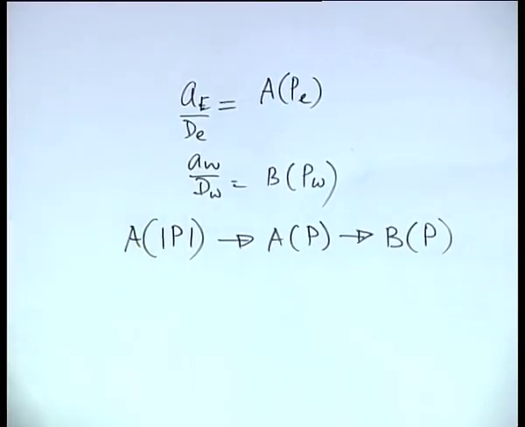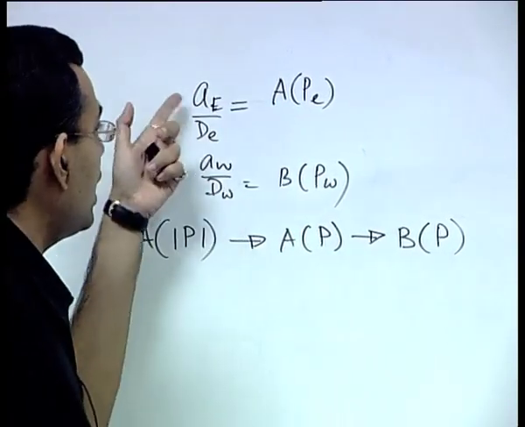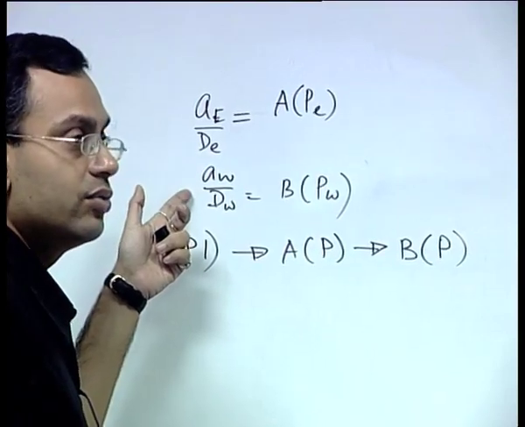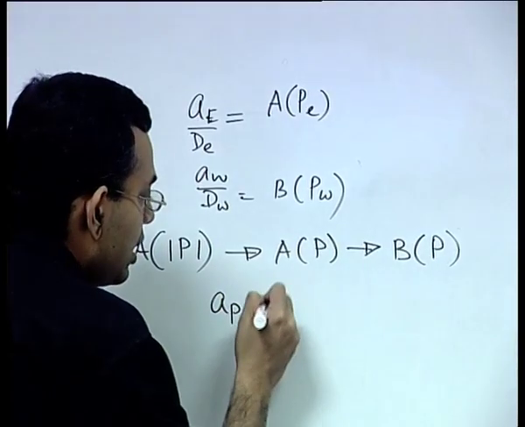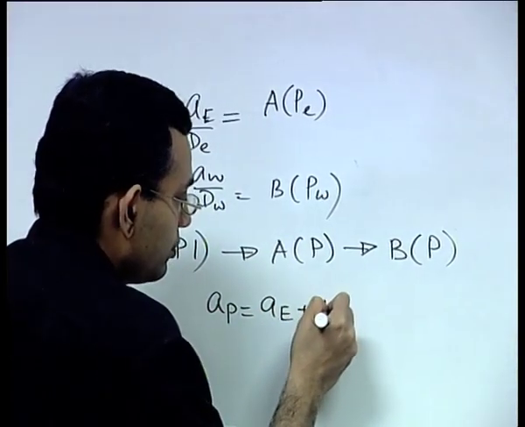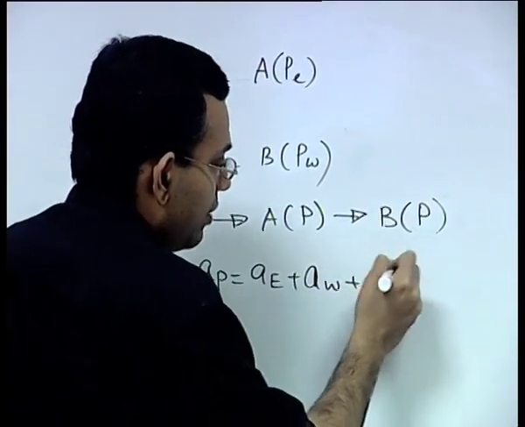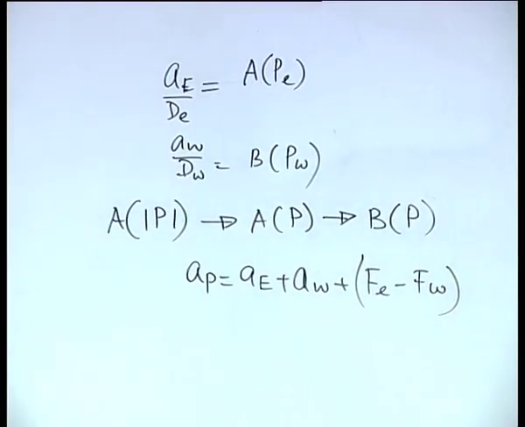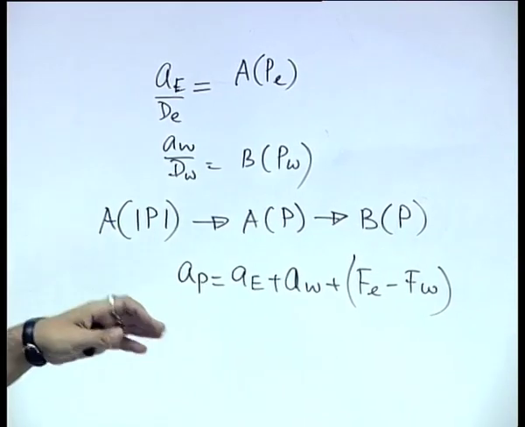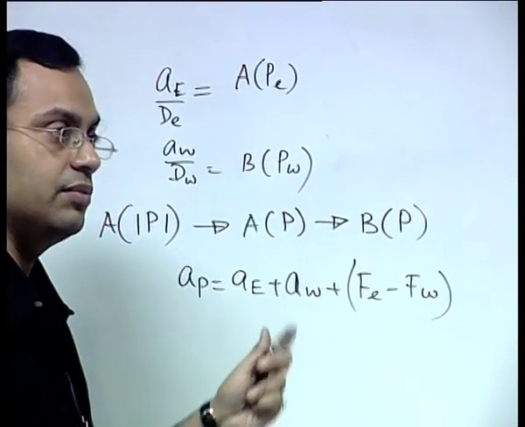Once you know that, that means you know AE by D and AW by DW, and AP is AE plus AW plus FE minus FW. This we have derived in one of our earlier lectures by giving the example of the central difference scheme. So, this you can show to be valid even for other schemes.